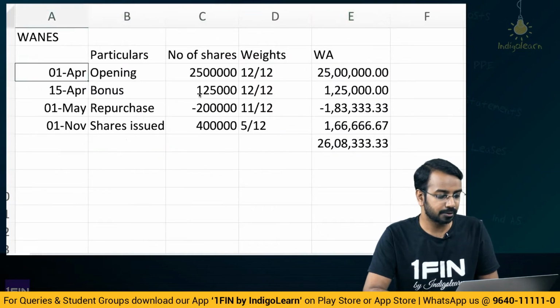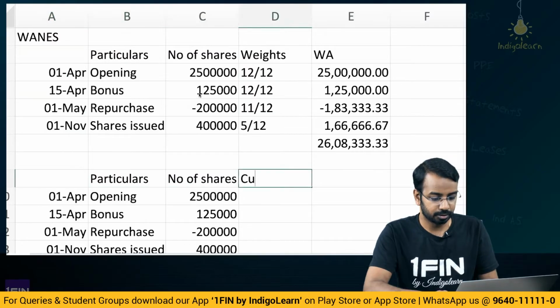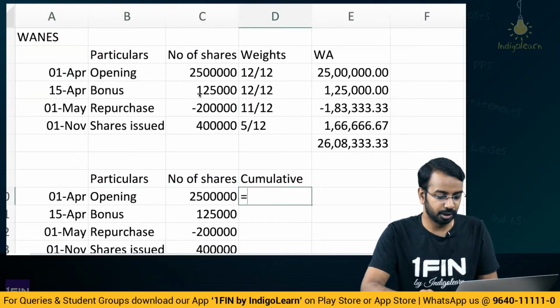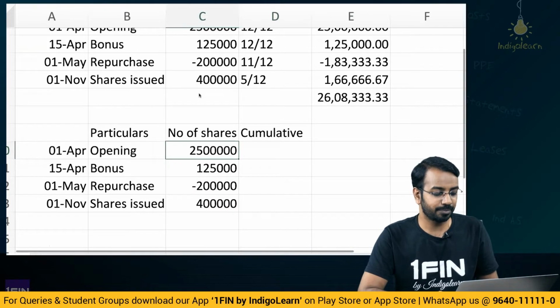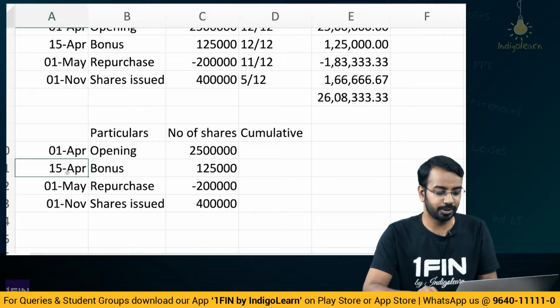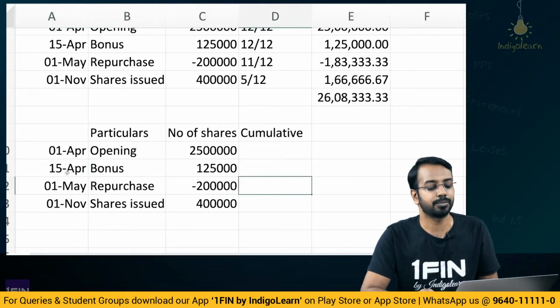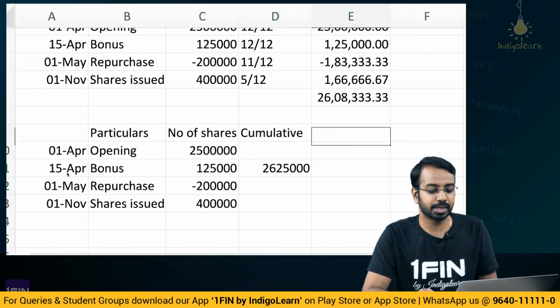The other way to do is cumulative. So, here 1st April 25 lakhs. When does the next change happen? The next change happened on 15th of April, but this is also effective from 1st of April. So, the next change actually happens on 1st of May. So, here cumulative is 26,25,000.